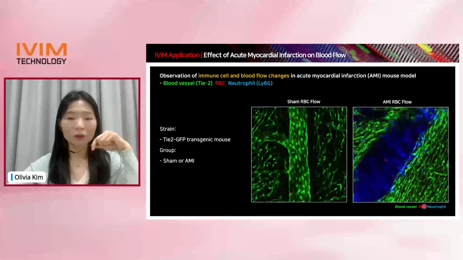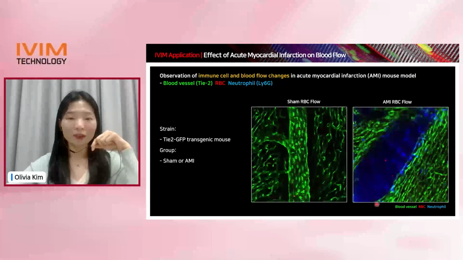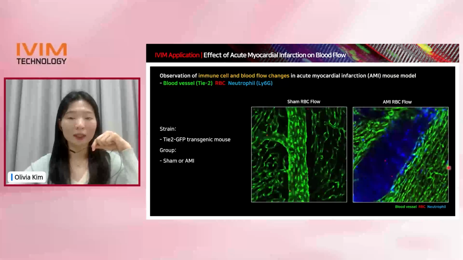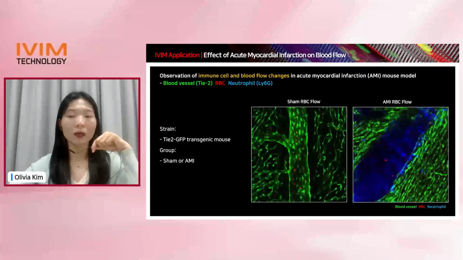However, in the infarction model on the right, blood flow appears to be completely halted, and there is a clear increase in neutrophil signals within the vessels. In addition, some neutrophils can be seen extravasating out of the vessels. Based on these observations, we can conclude that the vascular barrier function is altered following infarction.